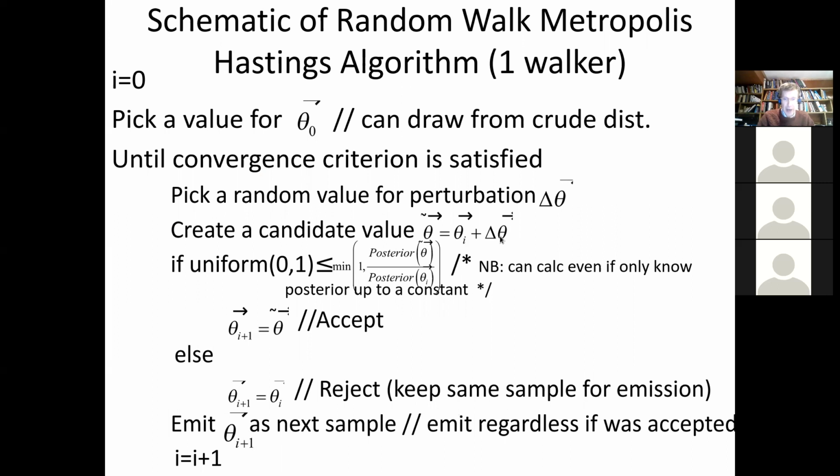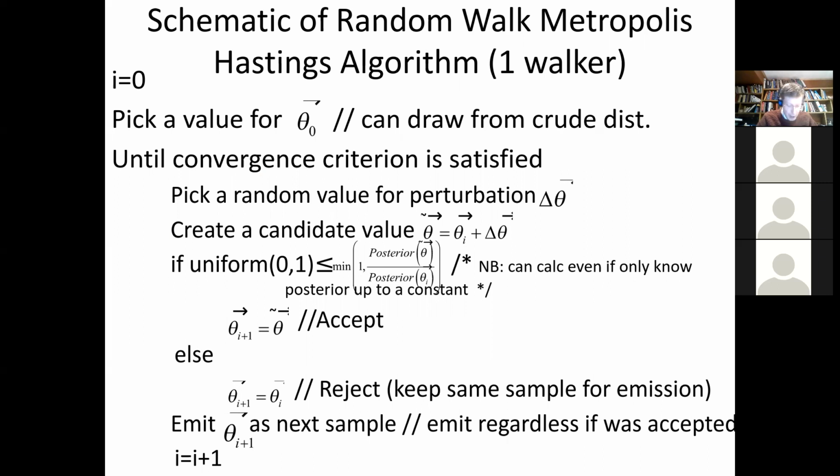And then we're going to evaluate the value of the posterior at that candidate. Again, this tilde got messed up. We're going to evaluate the ratio of these two. This is our posterior at our current point, and we're going to take the posterior distribution at the candidate. We're going to take their ratio.